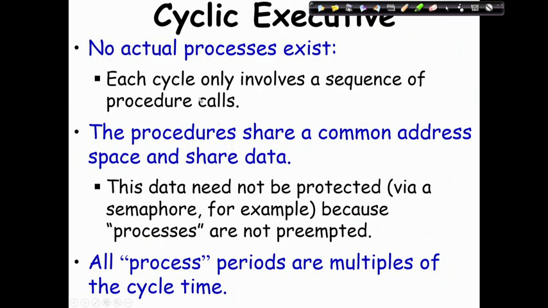One thing to note here is that in these cyclic executives there are no processes. It basically involves running a program. A program initially samples some sensors, then does some processing, and then calls some display.